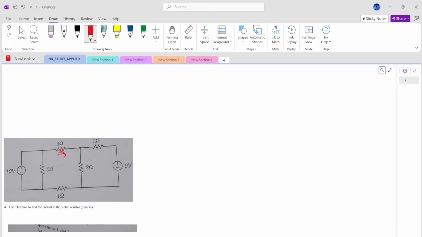When we say deactivating sources, what we mean is that if there is a voltage source, short it. If there is a current source, open it, right? So you are going to start off with finding the RTH for this particular question. So this is the terminal of interest. That's where we took out our 3 ohm. Then it goes on. We finish the circuit.